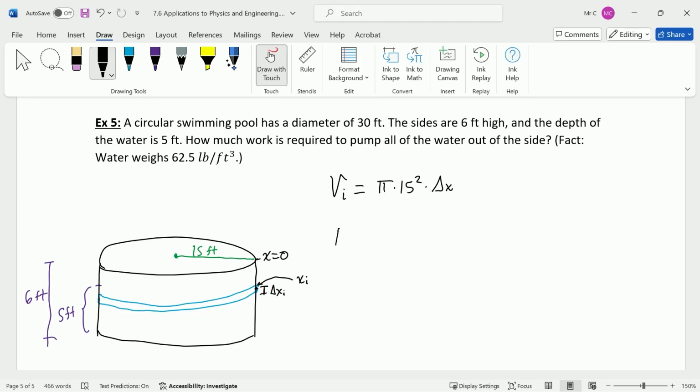So this is like a small cylinder. So you get the area of the circle, and then you get times the thickness for that portion. So that means that our force is the weight. So 62.5 pounds per foot cubed times the volume. So 62.5 times pi times 225 delta x.